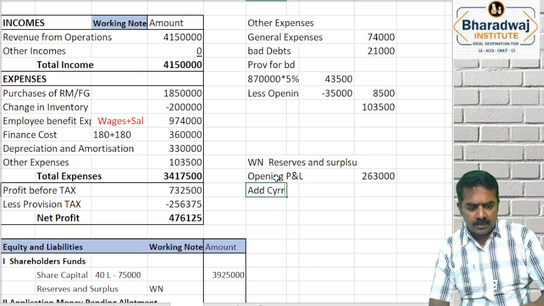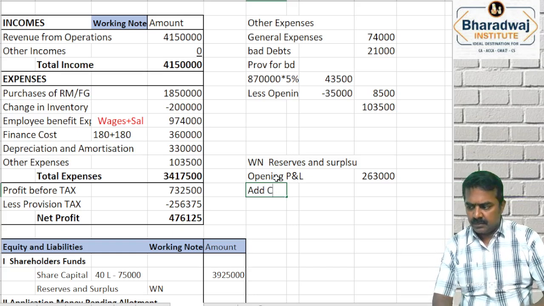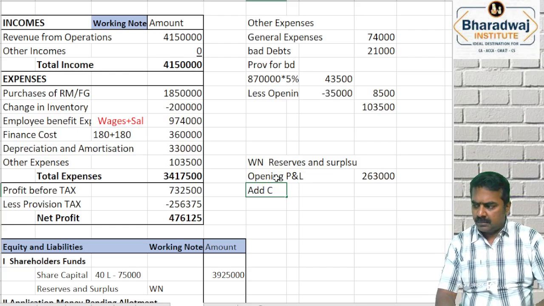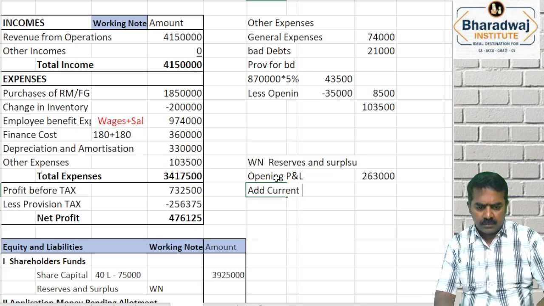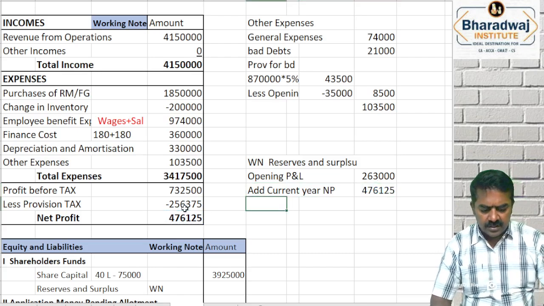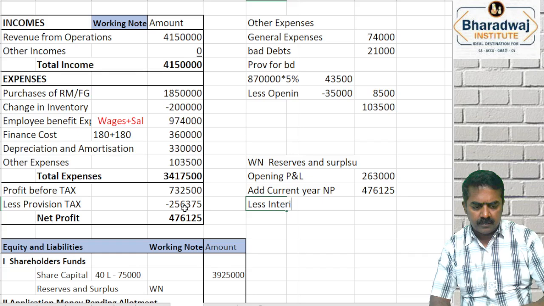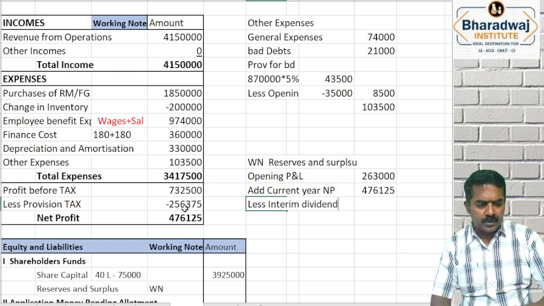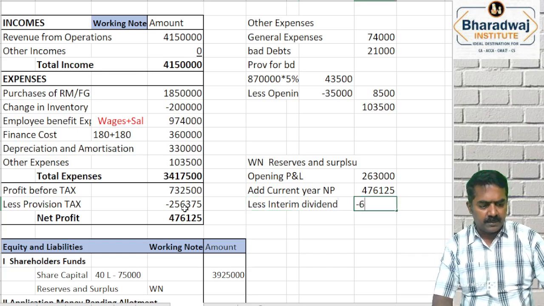Add current year net profit. Minus interim dividend paid. It's not a proposed dividend, it is interim dividend already paid, 6 lakhs. So the net amount will come.